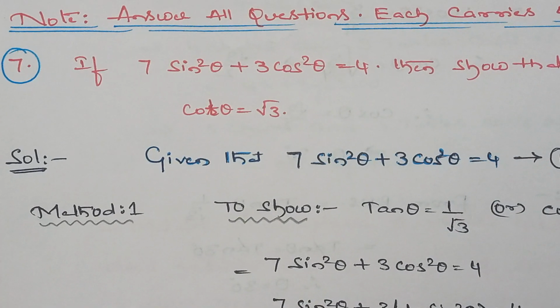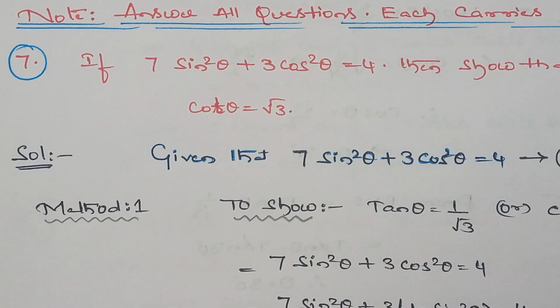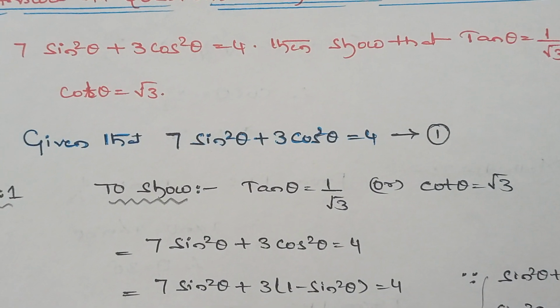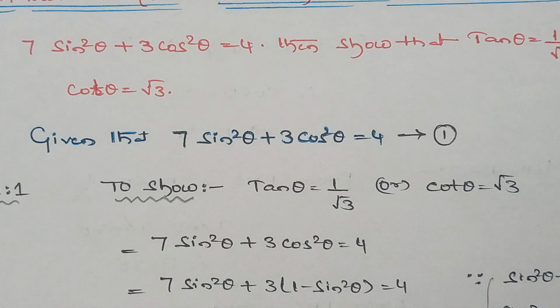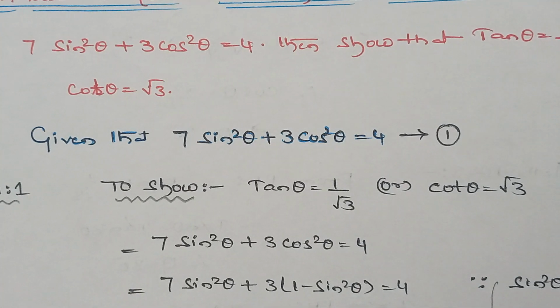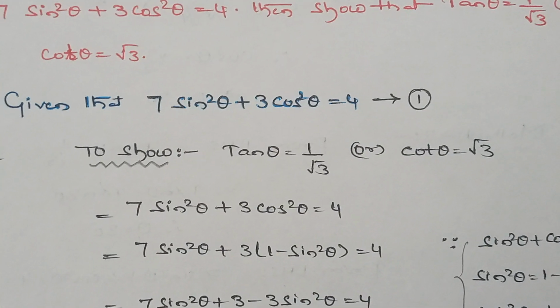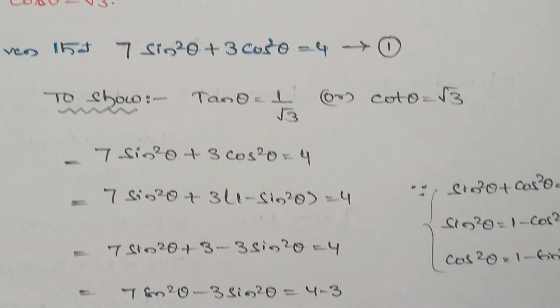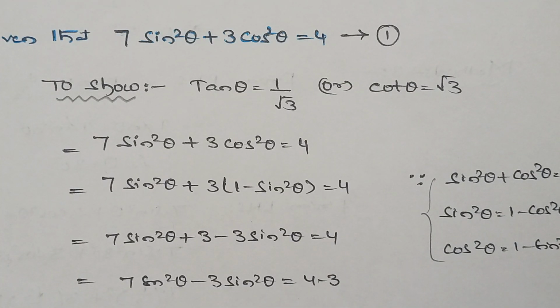What is given? 7 sin square theta plus 3 cos square theta equal to 4. Take the given equation, 7 sin square theta plus 3 cos square theta equal to 4, and keep it as equation 1. Now we need to show that tan theta equal to 1 by root 3 or cot theta equal to root 3. From equation 1, convert either sine to cos or cos to sine.